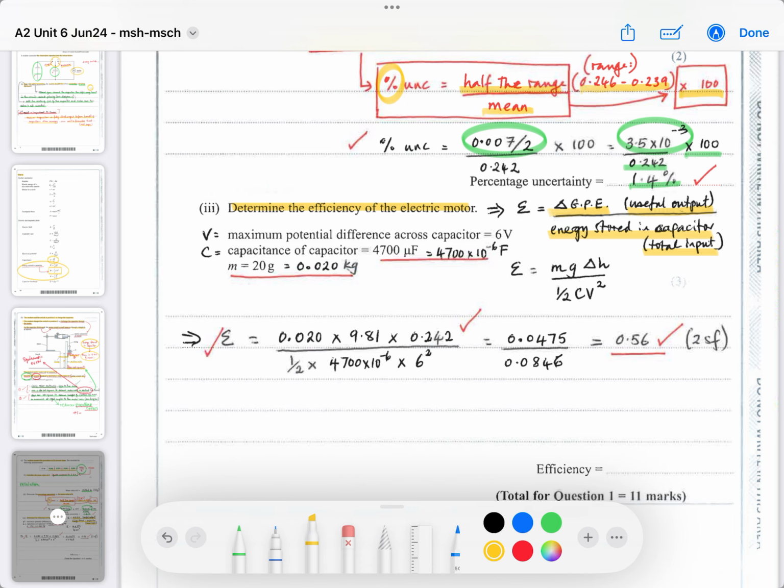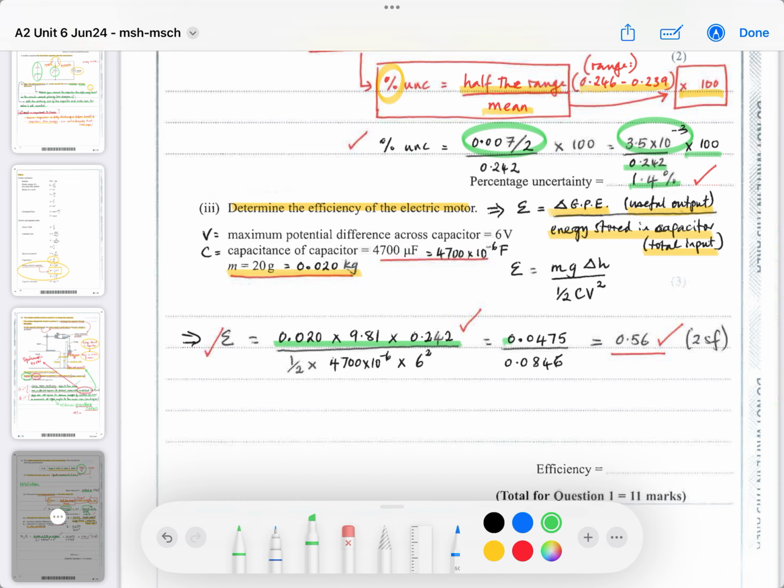They haven't said percentage efficiency, so you can leave it as a decimal. The mass that's being lifted is 0.02 kilograms. So you put these values into potential energy, mgh, using the mean height.